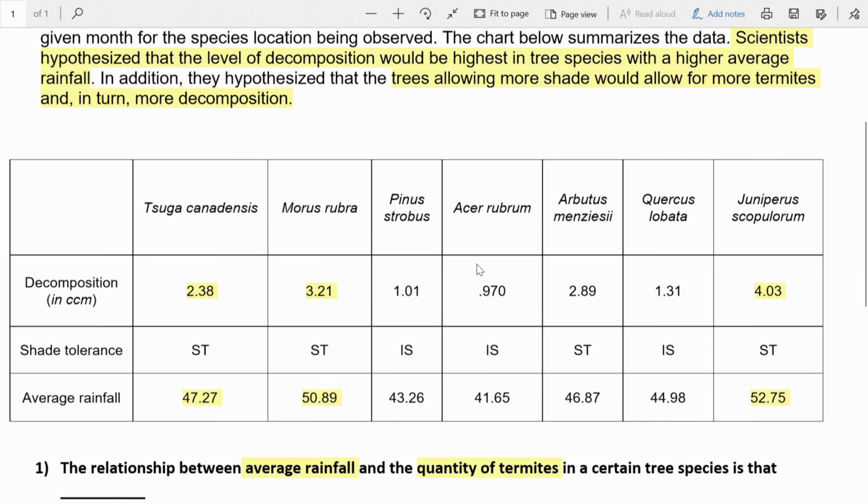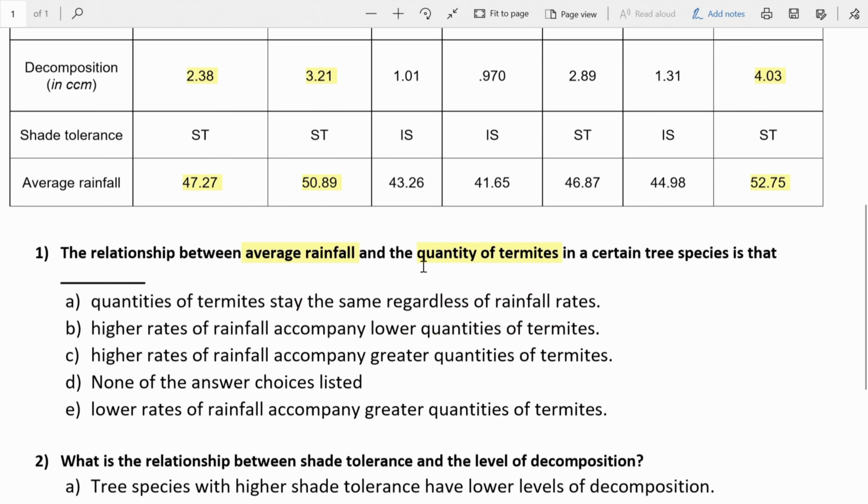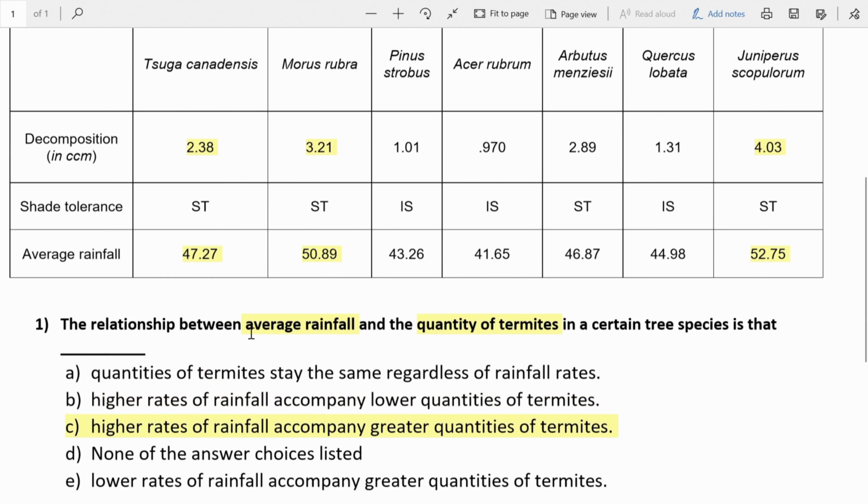So you can see the answer is C. Higher rates of rainfall accompany greater quantities of termites, because the average rainfall is high, and you can see even the decomposition is high over these three, in these numbers.